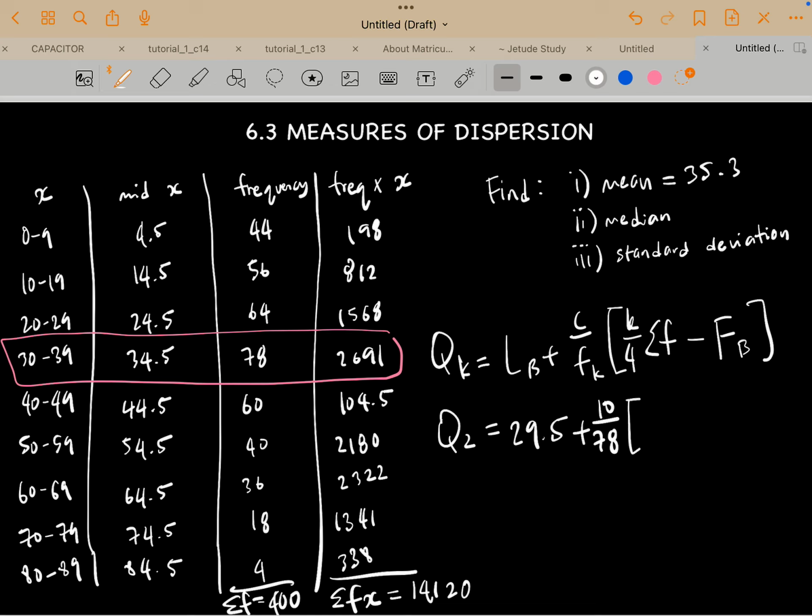And we get that 2 times 400 divided by 4, which is 200, minus the frequency below our median class, which is the sum of 44, 56 plus 64, 164. So by using that, it's roughly 34.115.